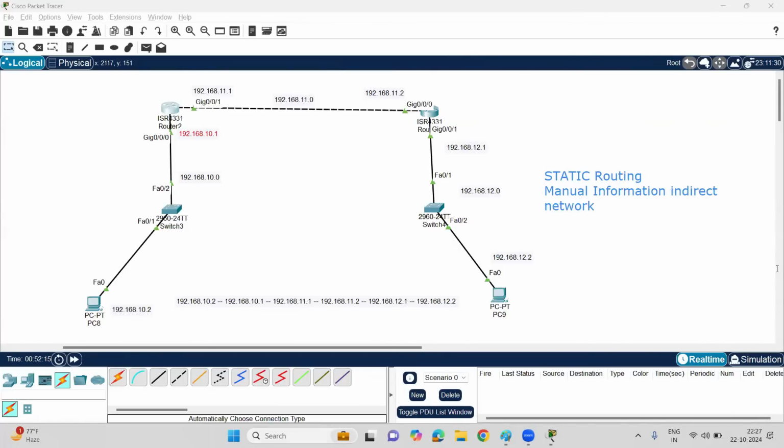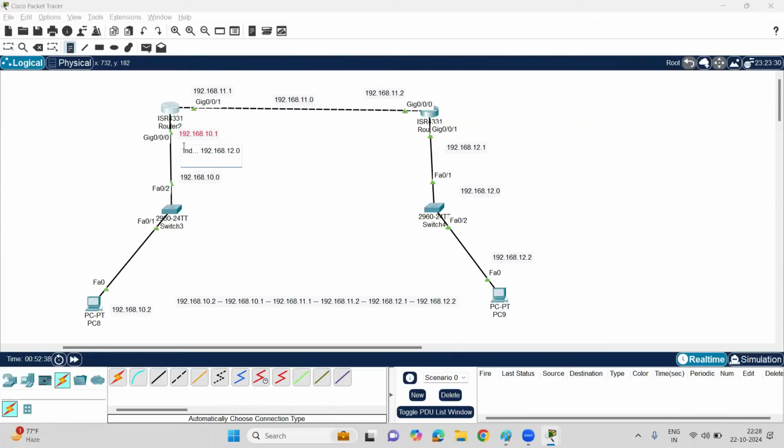Okay. How can we provide the indirectly connected network? First of all, dear, we have to provide the indirect network information. Clear? So we have to introduce the indirect network here. So what is the indirect network? The indirect network is 192.168.12.0.